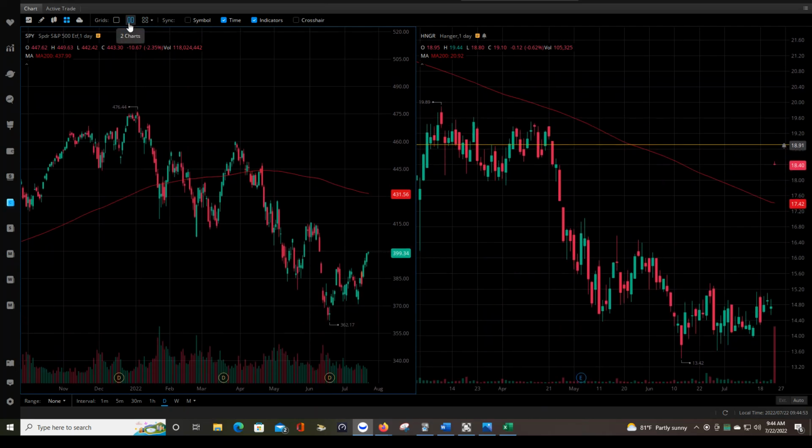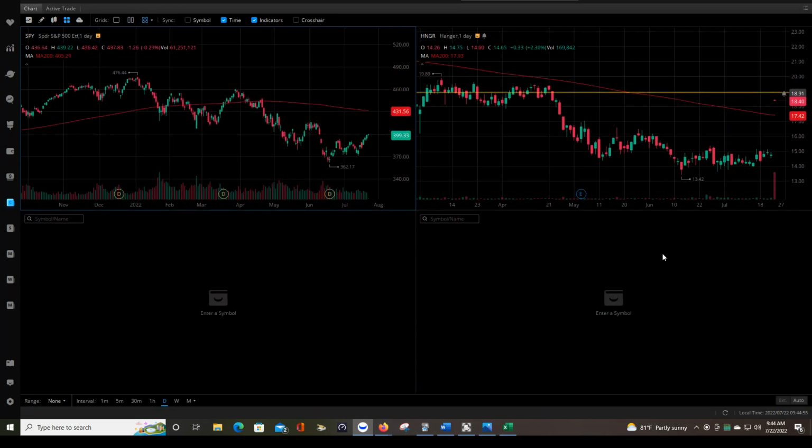Let me get rid of it and get back to my 4-chart view. So nothing missed there. SLI we've already looked at. That CTIC stock, that's not doing much. It still doesn't have much volume, so nothing really to look at there.